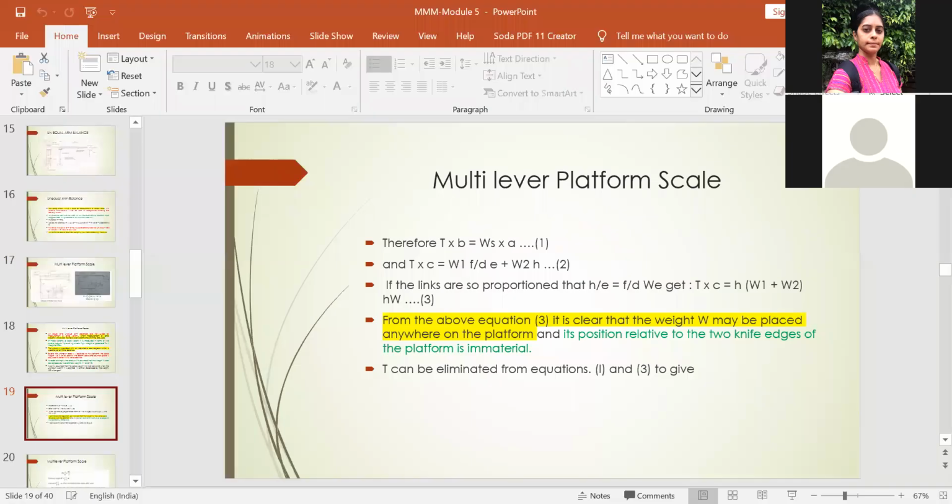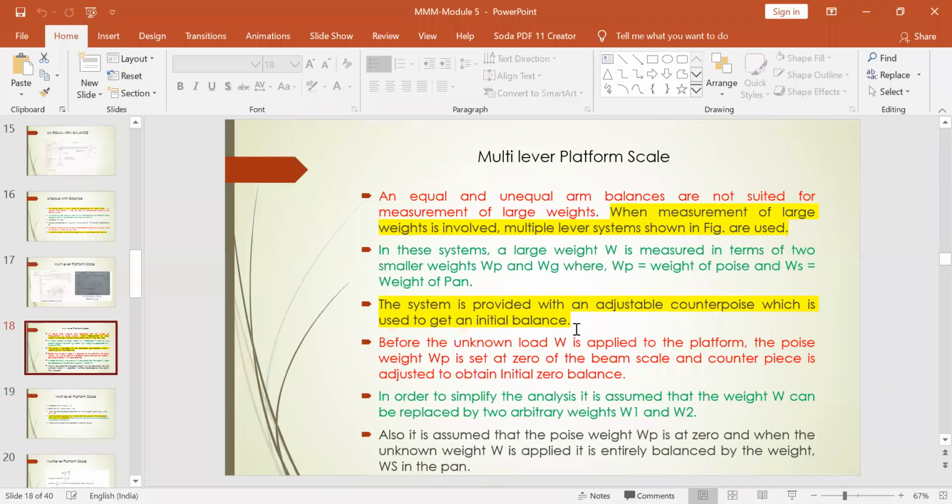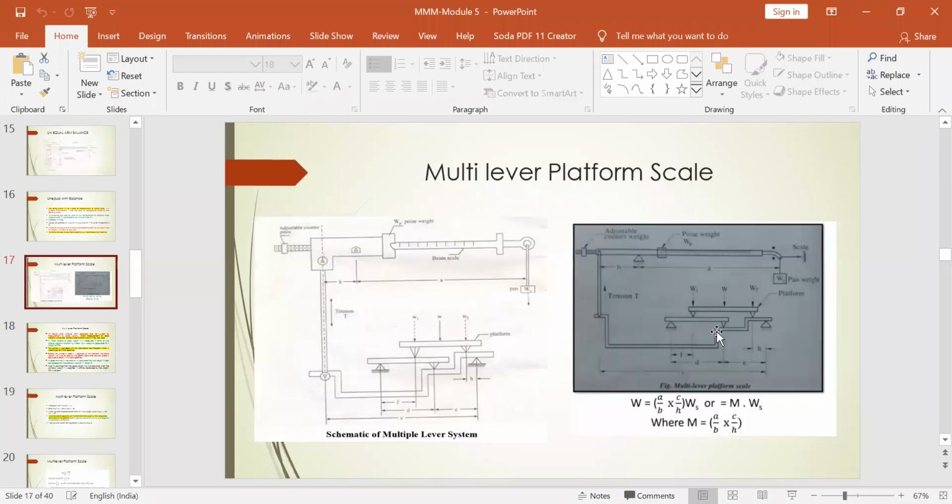From equation 3, what we understand is the weight W may be placed anywhere on the platform and its position relative to the knife edges of the platform is immaterial. What does it tell? On the platform, weight W could be placed at any position.